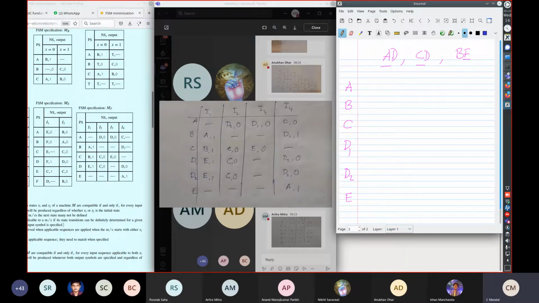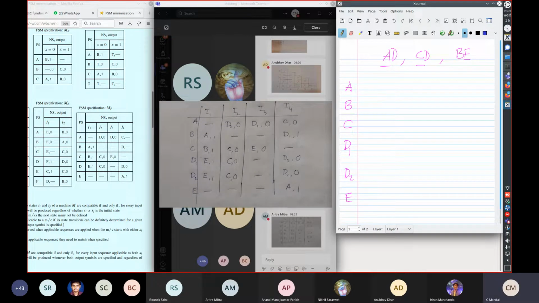So let us consider merging of B and E first, because those are easier, right? Let us just see what is happening. Let us try to merge that and see what happens. So B and E.